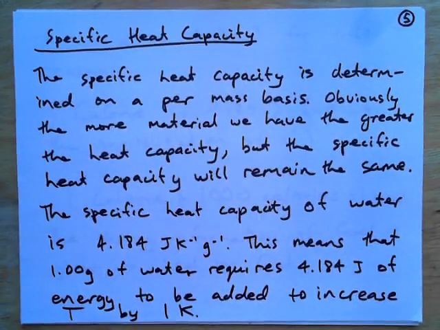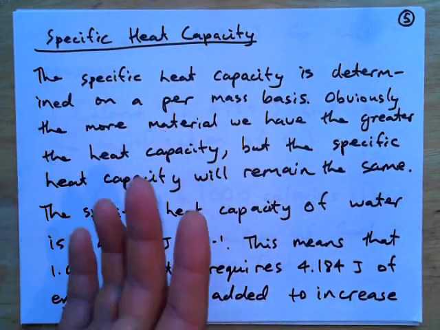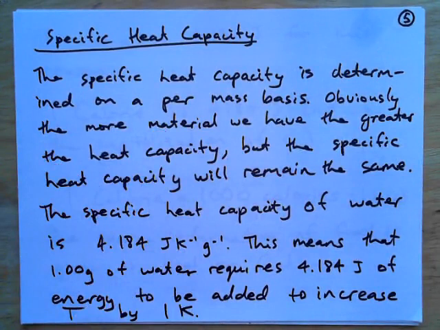So now we come to the term specific heat capacity, and what this means is that we look at it on a per mass basis, sometimes on a per mole basis, but for this course we'll just look at it on a per mass basis. So the normal heat capacity, which was the capital C that I had before, would just be measuring the material as it is.